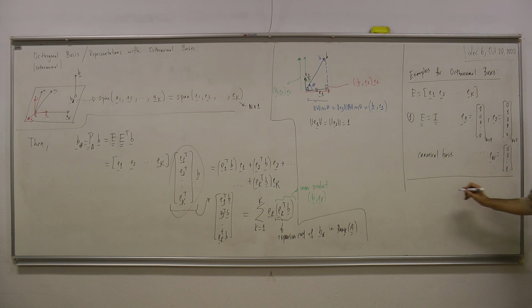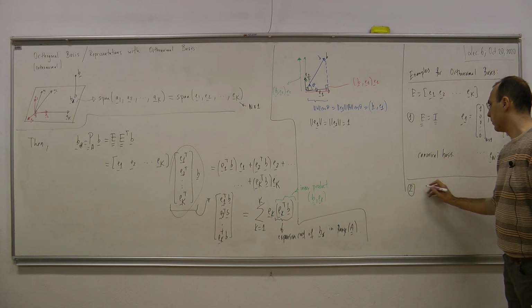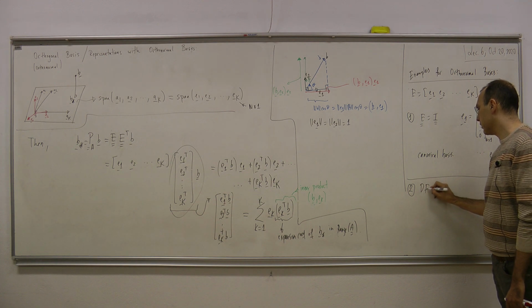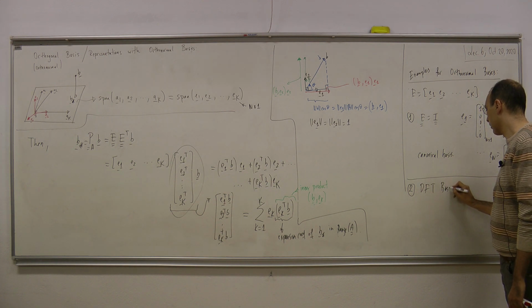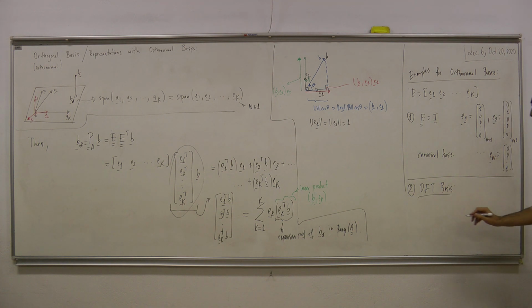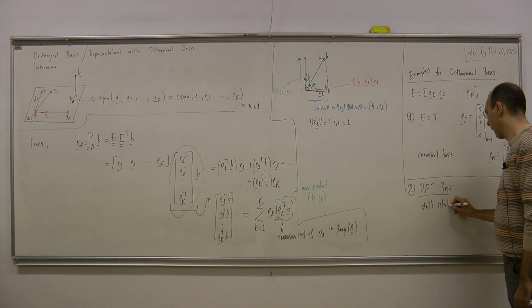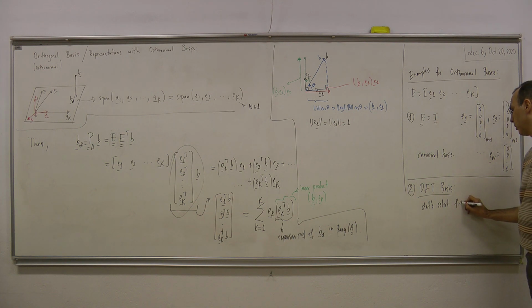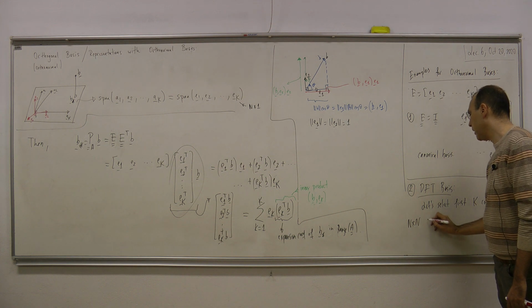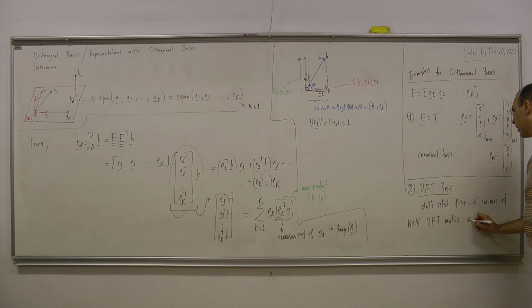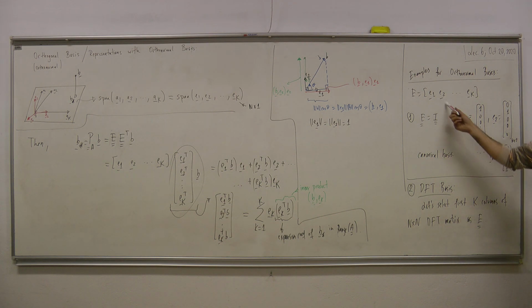So let me have a second example. Let me say DFT basis. Let's select the first k columns of the n by n DFT matrix as our E matrix.